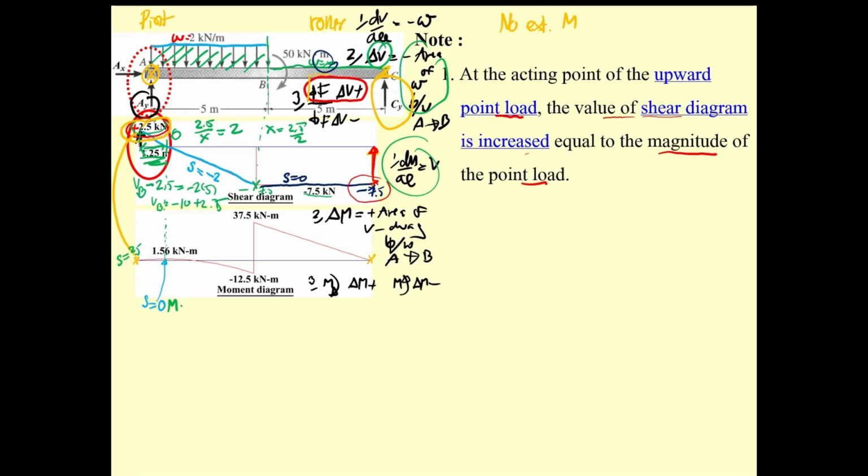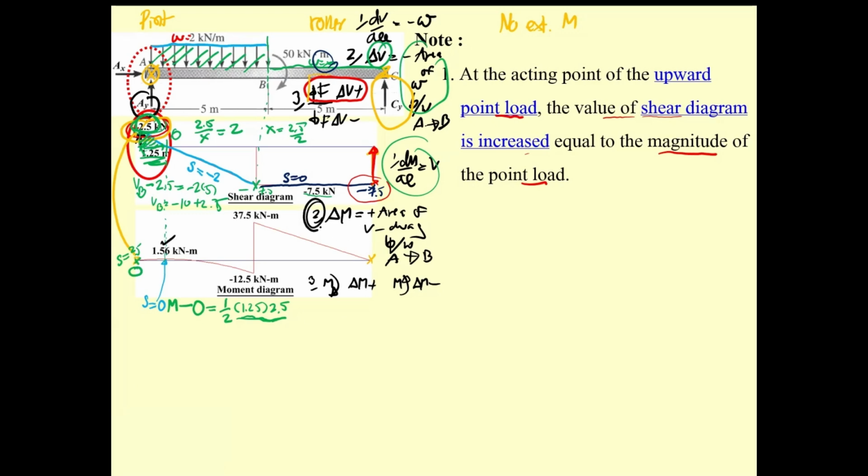M over here minus M over here is 0, equal to the area here, equal to 1.25, and this is 2.5. If you put this one into the calculator, it's going to be 1.25 times 1.25. You get the answer to be this one.